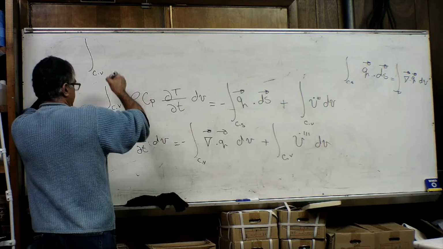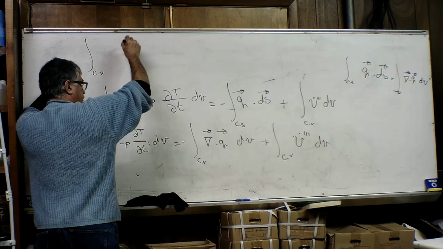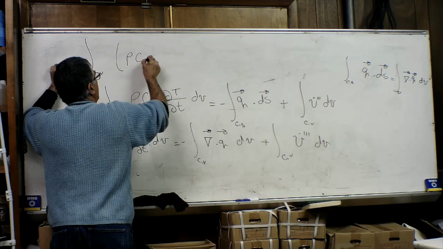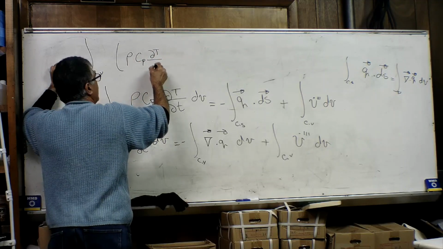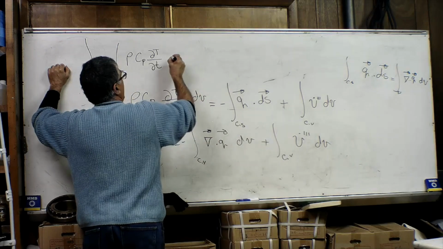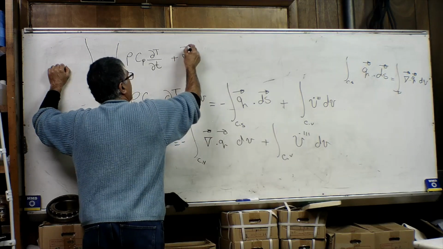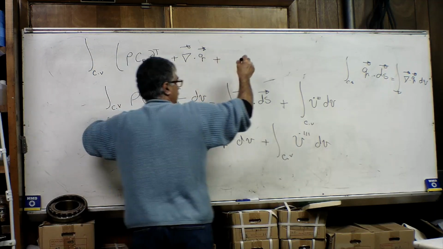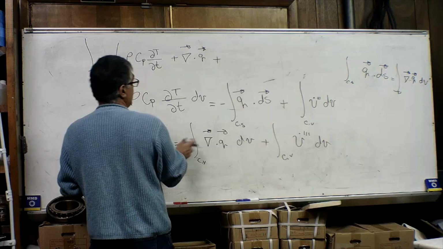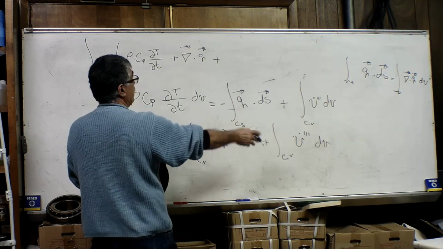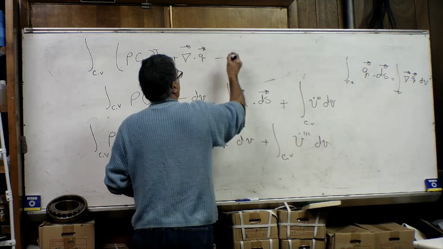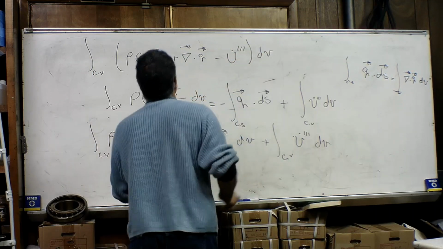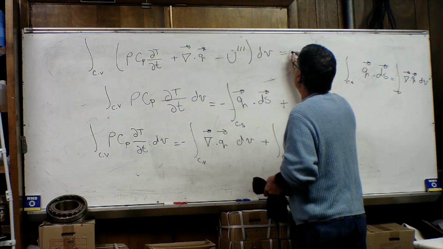We can write it as the integral of rho Cp partial derivative of T with respect to time plus del dot Q minus U dV equal to 0. The minus comes to the left and becomes positive, and the plus comes to the left and becomes negative.